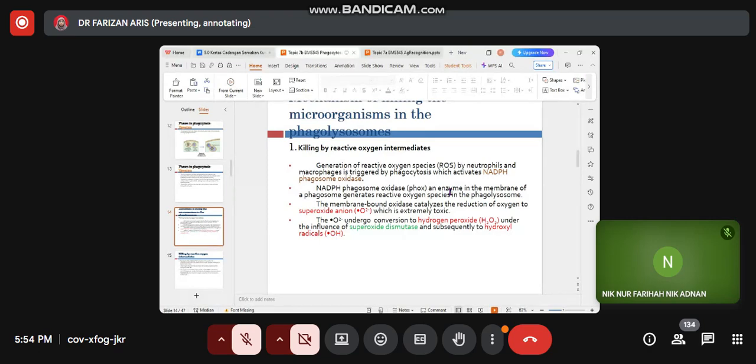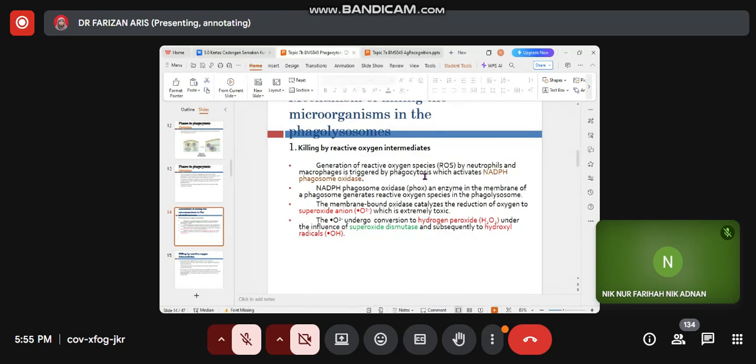How is the ROS actually produced? Normally, ROS is produced by neutrophils and macrophages, triggered whenever the enzyme on their cell membrane, NADPH oxidase, phagosome oxidase, is activated by the phagocytosis process.